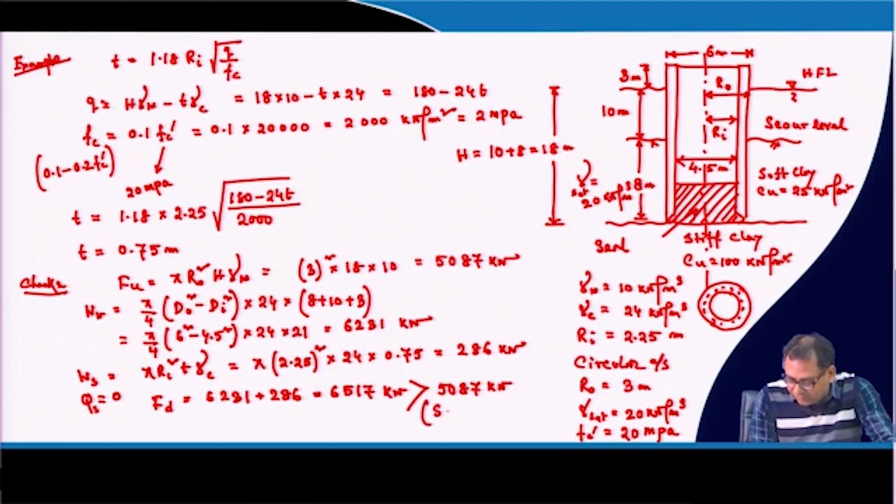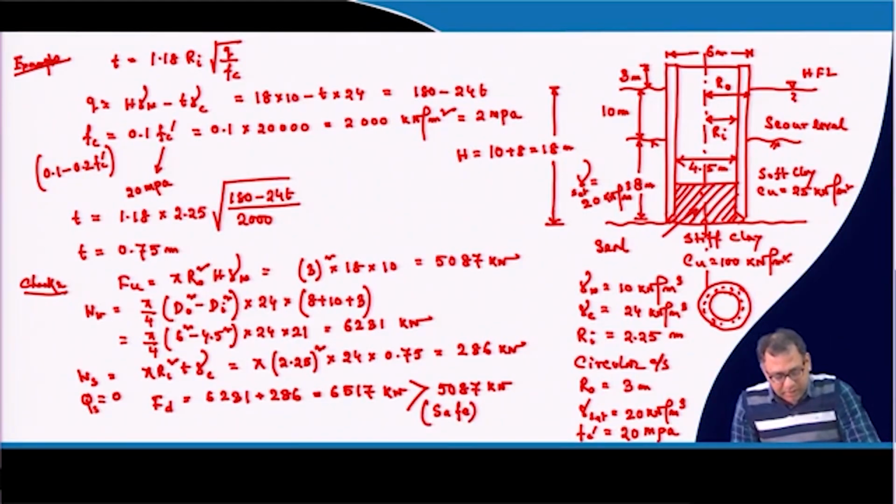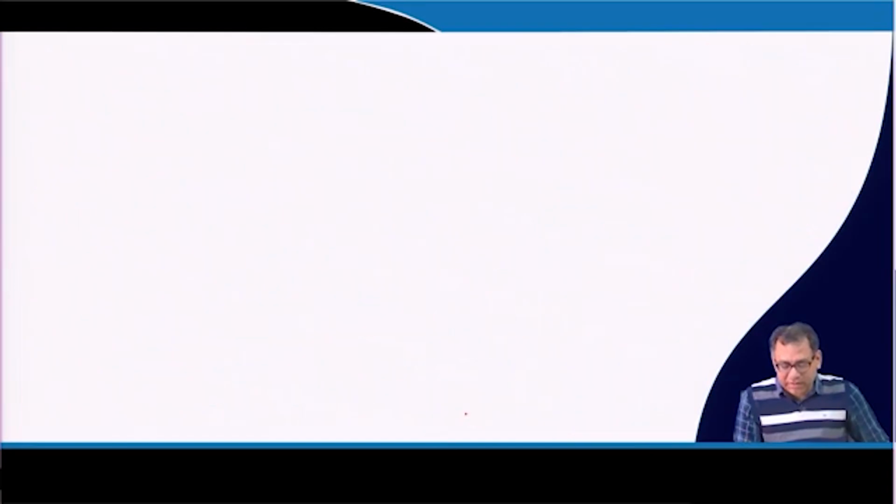So, it is safe. Even without considering the friction Qs, it is safe. If we consider the Qs, then definitely it will be over safe. But right now this is safe against buoyancy. Let us see whether it is safe against the shear or not.